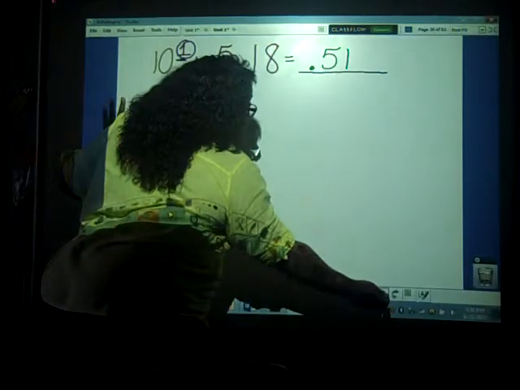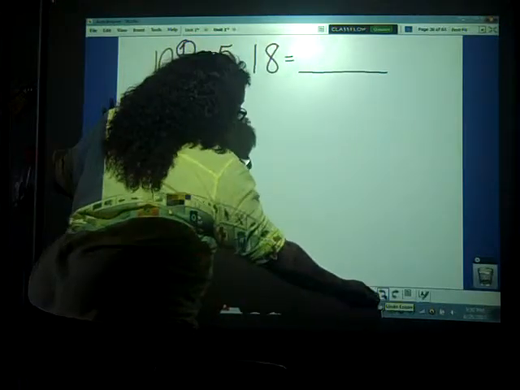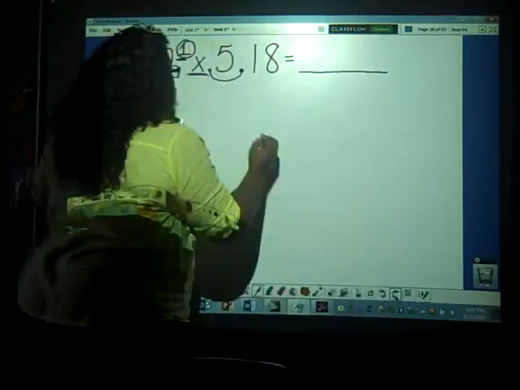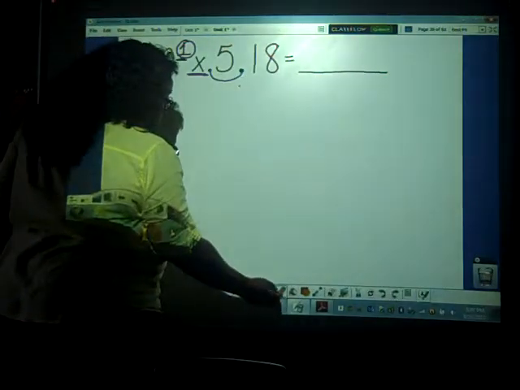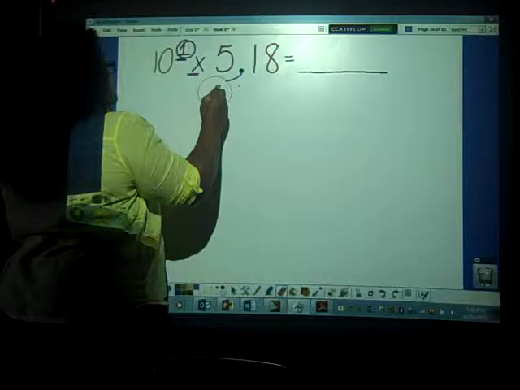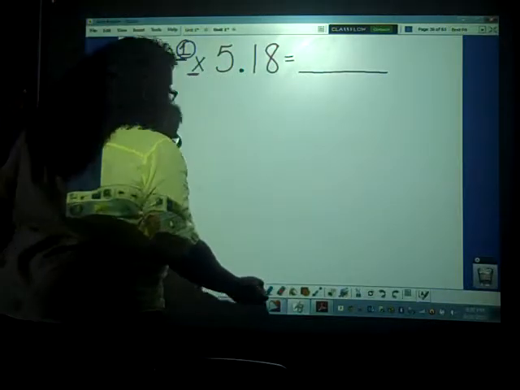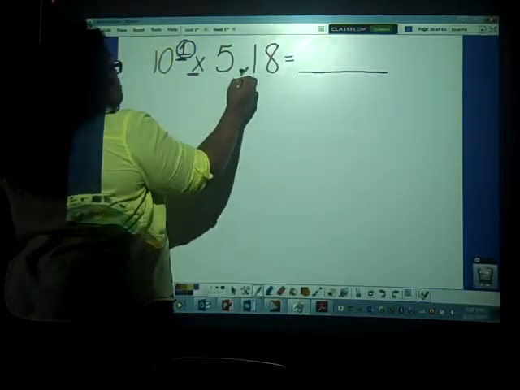point to the right. Because once I move my decimal point to the right, what happens?